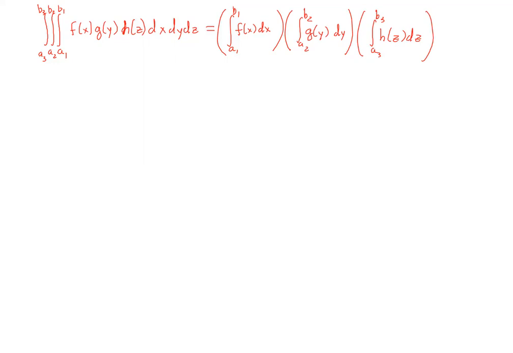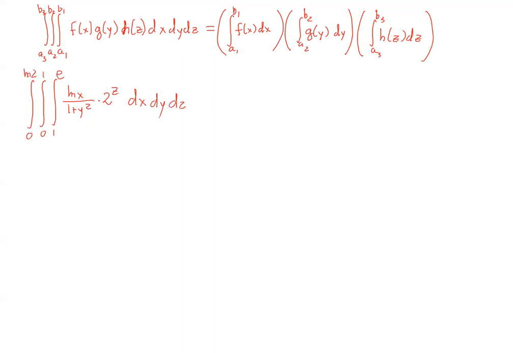So if you happen to have something as pleasant as ln of x over 1 plus y squared, and what else can we put to make it interesting, times 2 to the z, and you wanted to integrate this from 1 to e dx, and from 0 to 1 dy, and from 0 to ln of 2 dz.